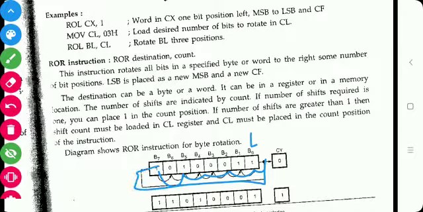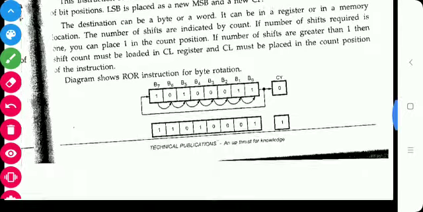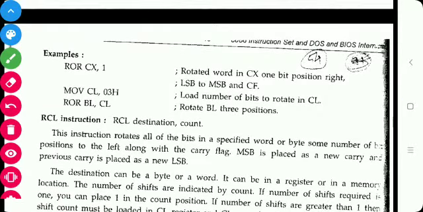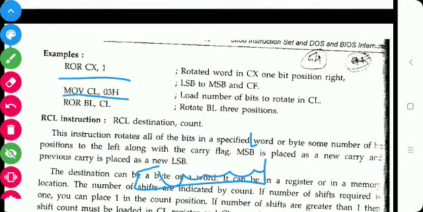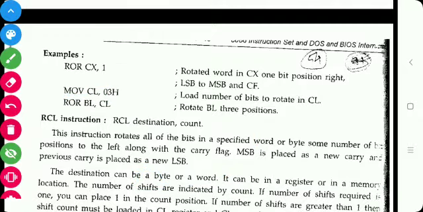So here again, if you want to rotate it by one time, then take 1 into the instruction, and if you want to rotate it multiple times, then take the counter. As here we want to rotate it by 3 times, so 3 is the counter and we are rotating it by the counter.